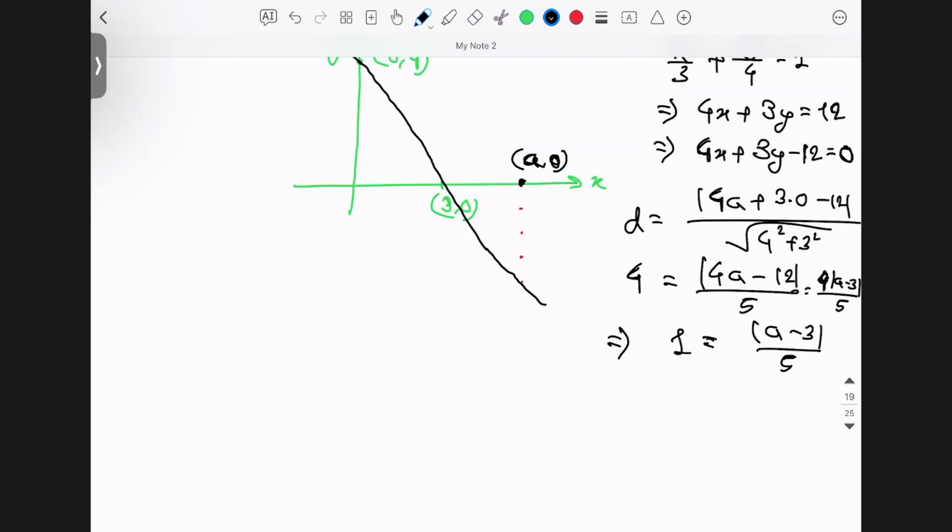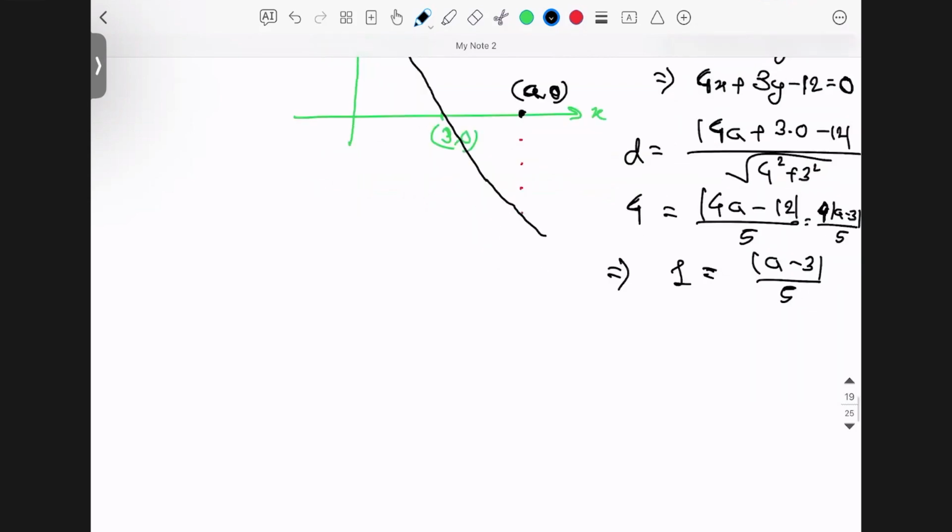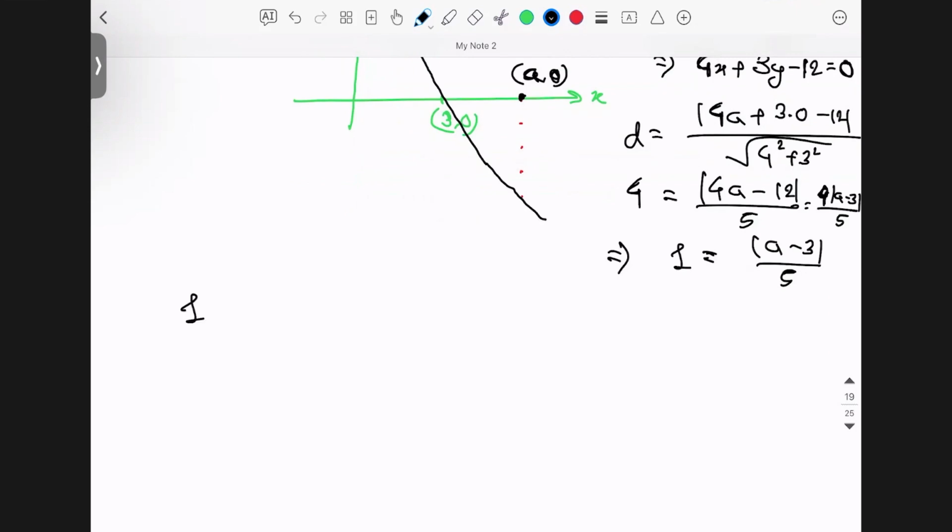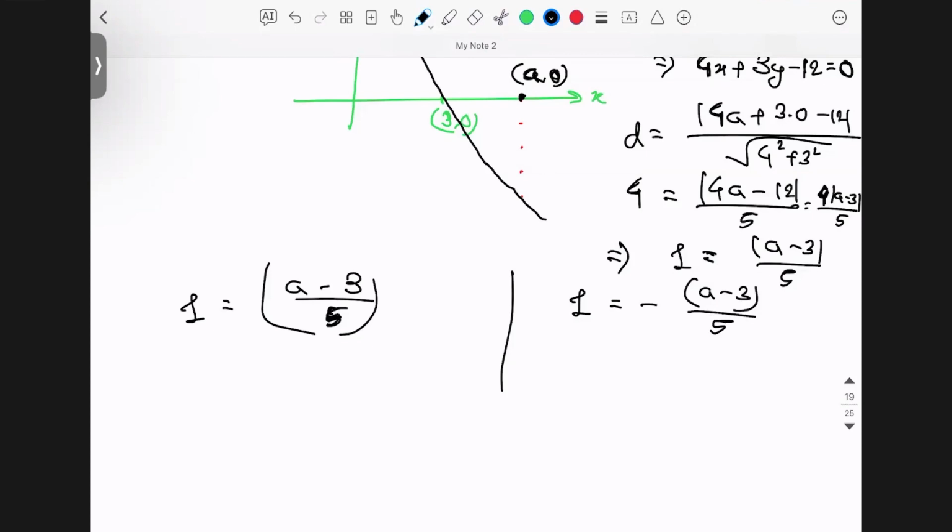Now here for the modulus, we have to work with two cases. One case is 1 equals (a minus 3) by 5, and another case is 1 equals minus (a minus 3) divided by 5.